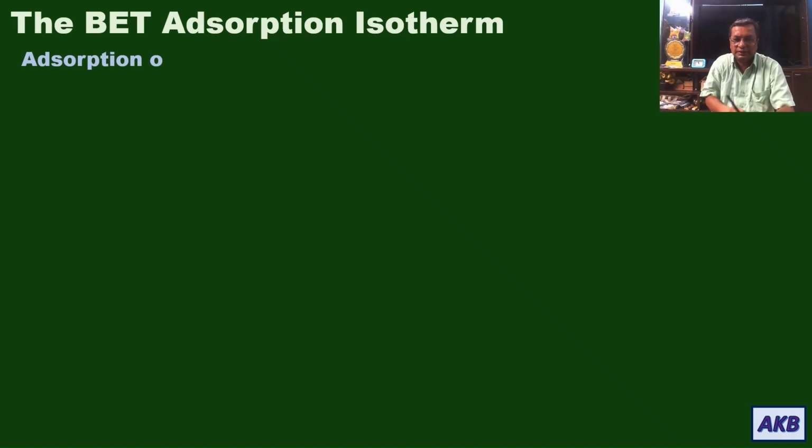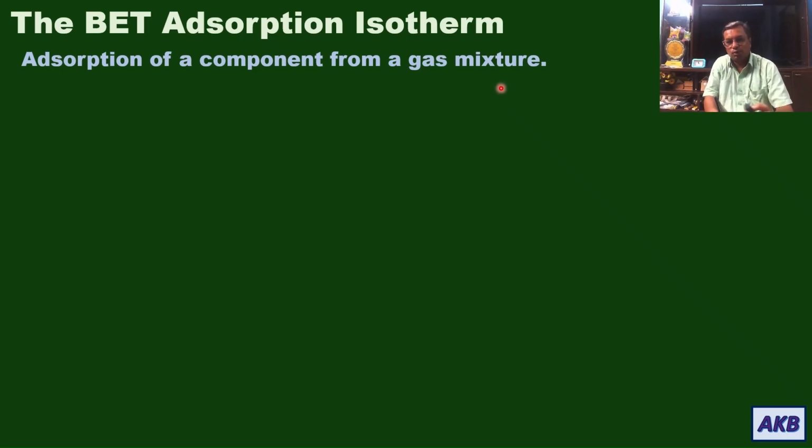Okay, so to understand the theory, we will be considering adsorption of a component from a gas mixture. As you know, the BET adsorption isotherm is applicable to adsorption of gases. So we are going to consider adsorption of a component from a gas mixture.